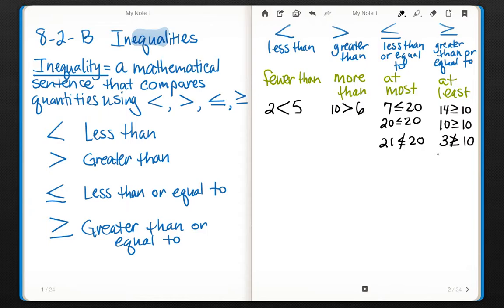Now, I want to show you how some of your problems are going to be phrased in your homework and practice, just to see if you really understand what these inequalities mean. So here's what your directions might say. Let me clear this.